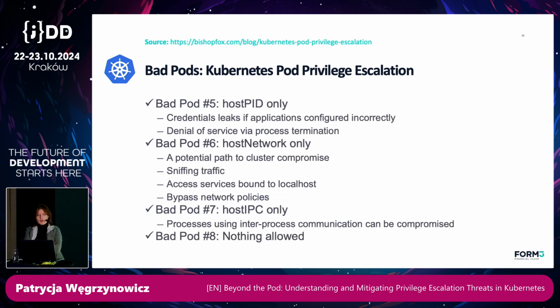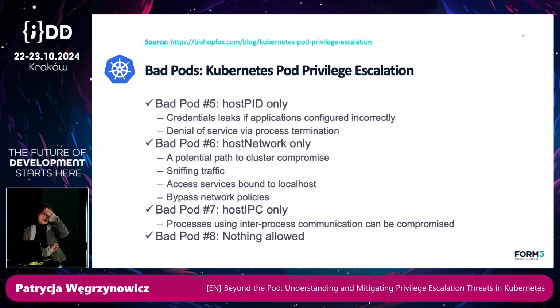With host PID only, we do not get to the full cluster compromise, but still some credentials leakage if an application is misconfigured, for example, if we have some credentials configured in a command line. Because with host PID, we can see all the processes with all the parameters running on a given host.